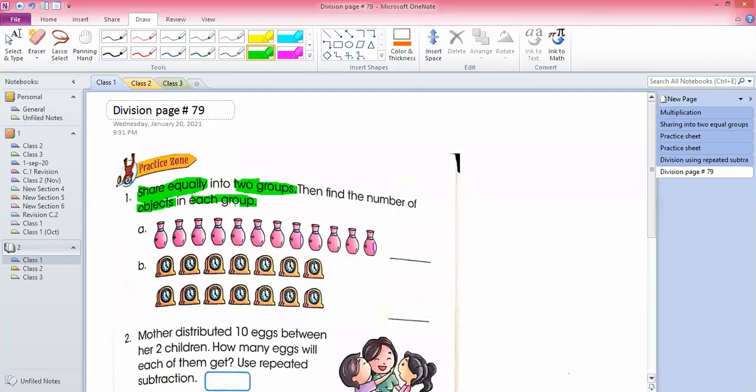In one group, how many objects will be there? If you look at A, there are some vessels. You have to share these vessels into two groups and find out how many vessels will be there in one group.